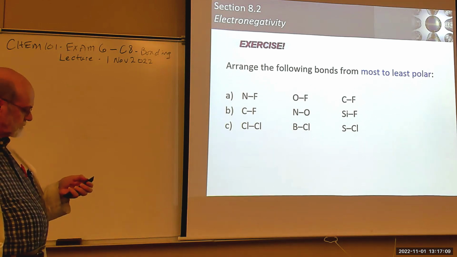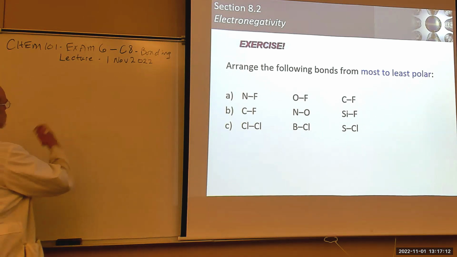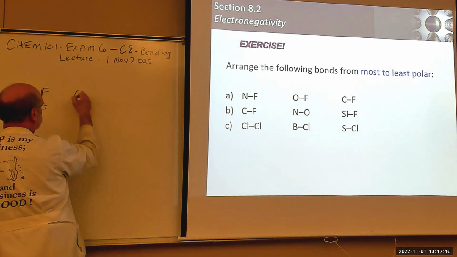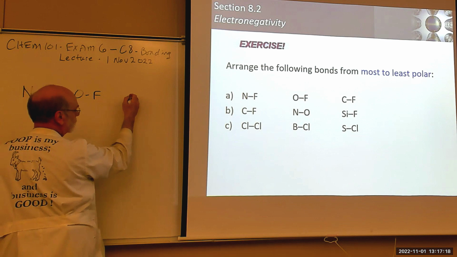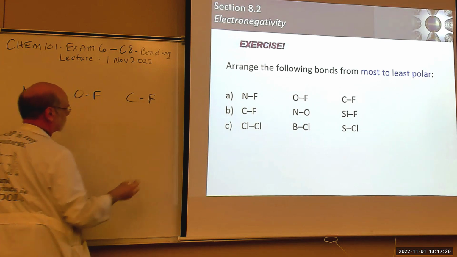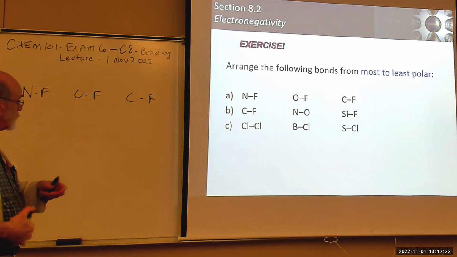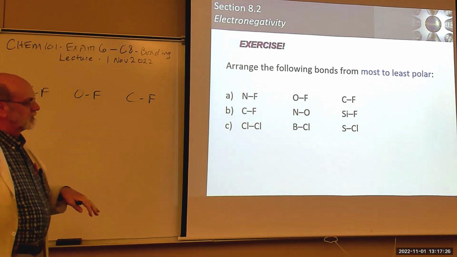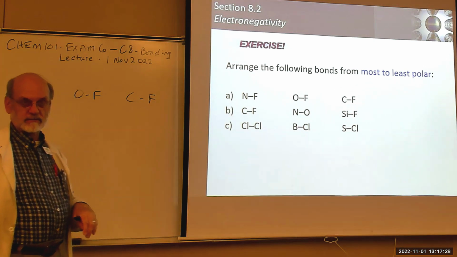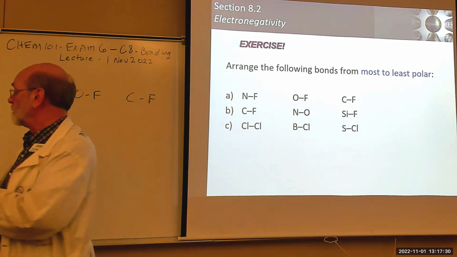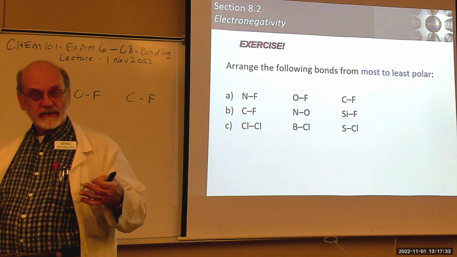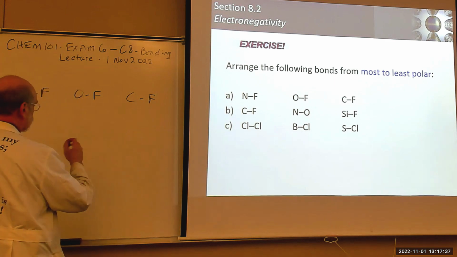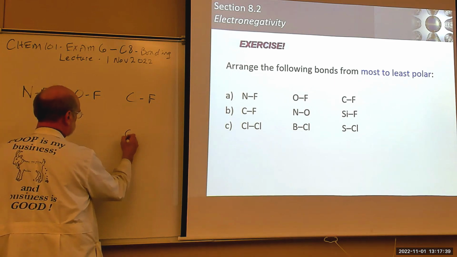So how do we tell? Well, for the first one, notice that each one of these is bonded to fluorine. So what we can do is say which one's closest to fluorine. That would be the least polar. So we look on our periodic table. They're all in the same period. So the one closest to fluorine is oxygen. This would be the least polar.